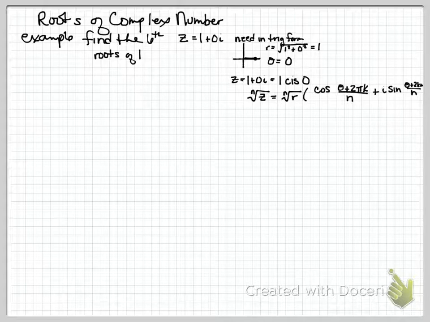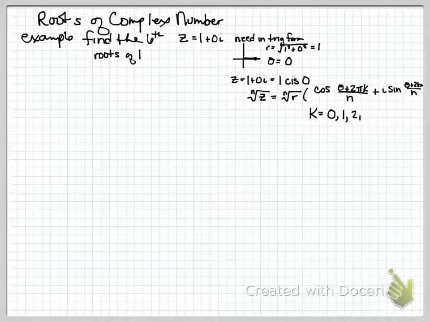Kind of the same idea here. k is going to help us find all the different roots, because it allows us to count starting at 0, up by 1, until we get to n minus 1. So in the case of the sixth roots, k is going to be 0, 1, 2, 3, 4, and 5. We go from 0 to n minus 1 so that we find all 6 roots.